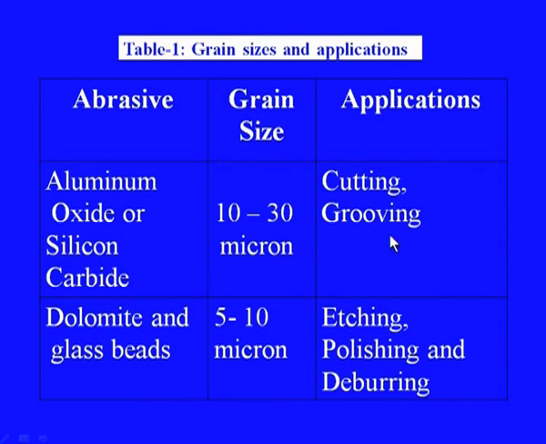For cutting and grooving, generally 10 to 30 micron abrasives are used, mostly aluminum oxide or silicon carbide. For etching, polishing and deburring, 5 to 10 micron size particles are used. Generally dolomites and glass beads are recommended. So, for these etching, polishing and deburring processes, finer abrasives are recommended.